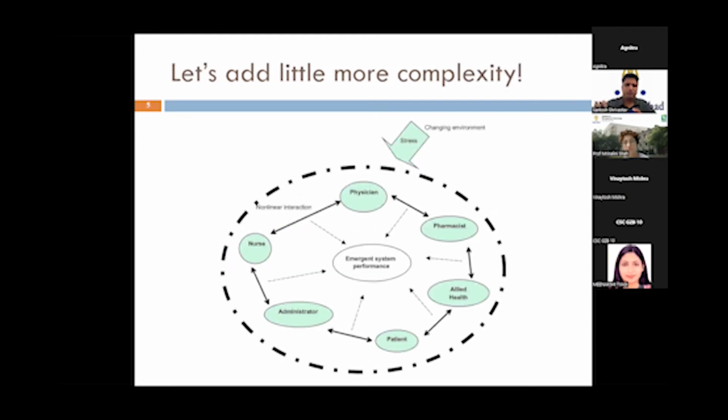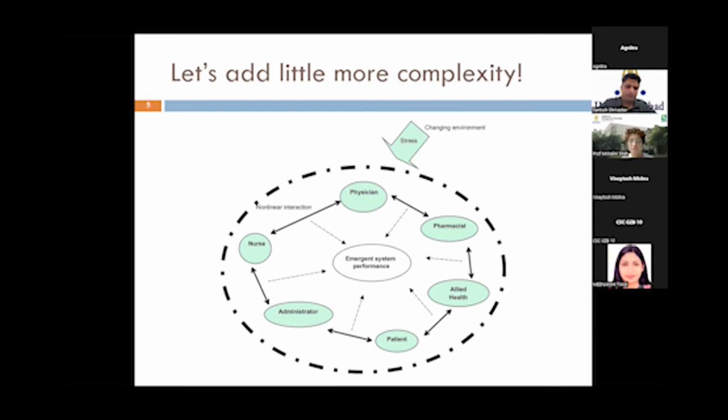See, making it a little more complex. We initially defined process, then we saw a system approach, then there is physician, pharmacist, allied healthcare, patient, administrator, nurse. These all are interacting, and there one term is written, and that is non-linear interaction. In our optimization we always talk about linear interaction.